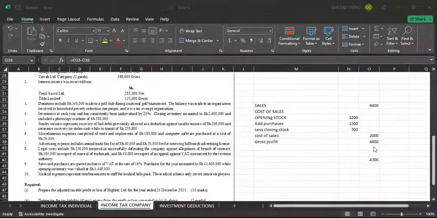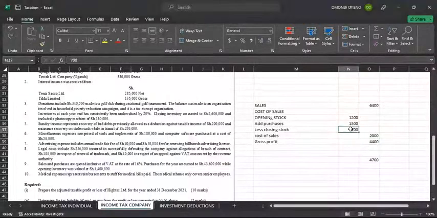So what has happened? If you put the real value of closing stock, our real profit is now 4,400. It means putting the photocopying machine as part of the closing inventory exaggerated our profits.